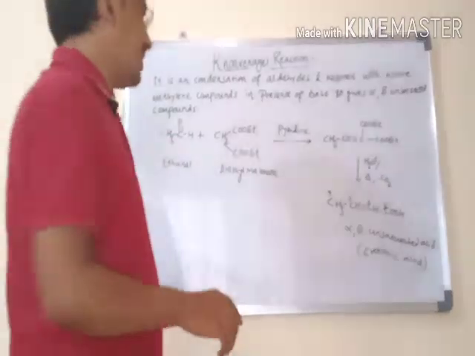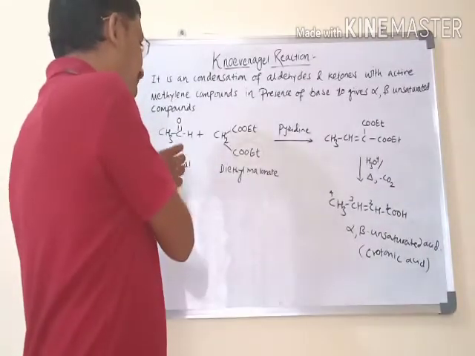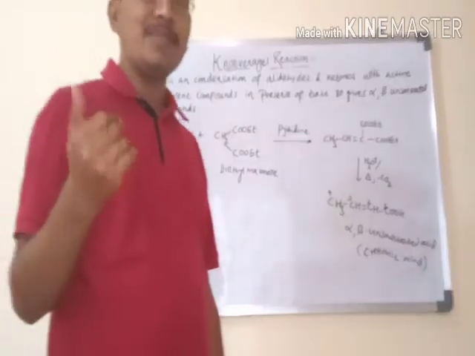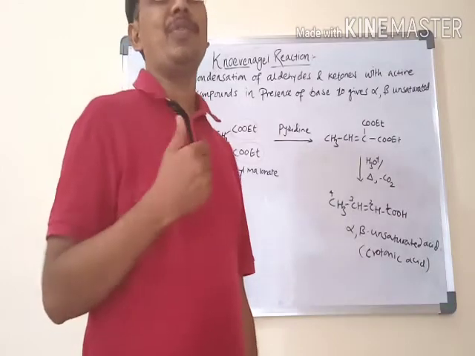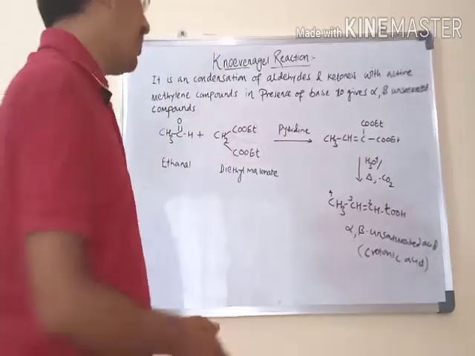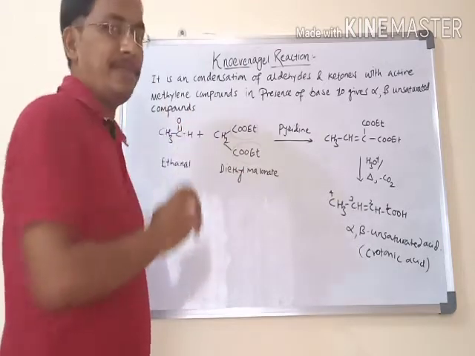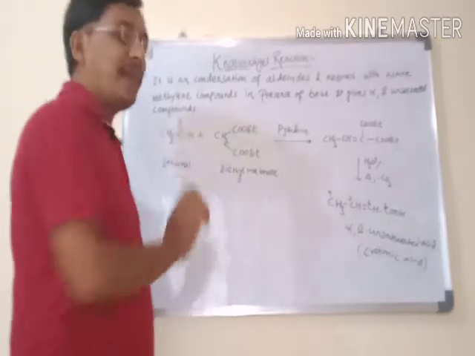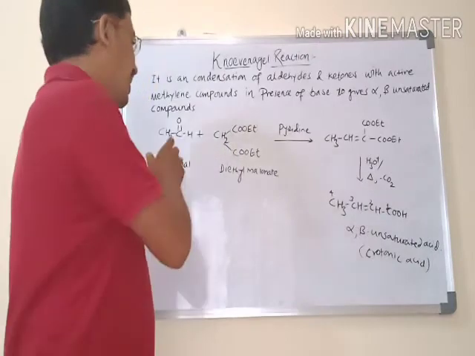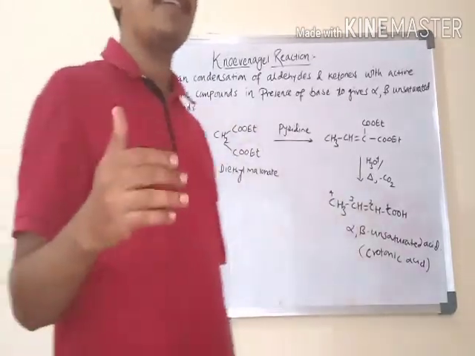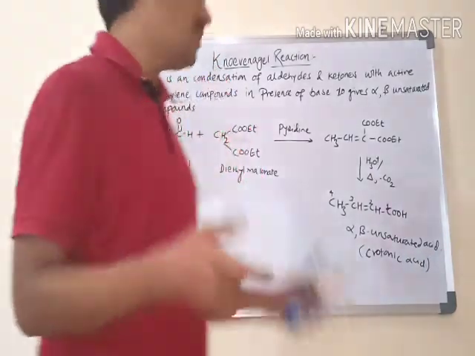The reason is that compared to the acetaldehyde, this active methylene compound, diethyl malonate, is more reactive. Due to its high reactivity, it will immediately attack the aldehydic carbon, so the aldehyde doesn't undergo self condensation.